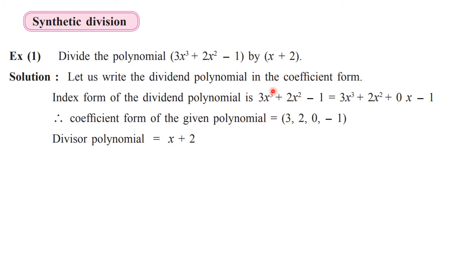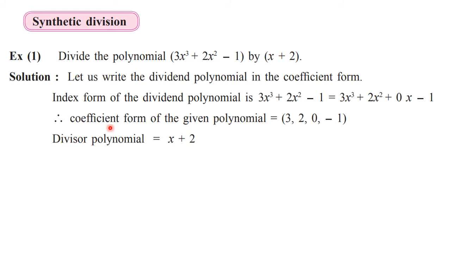See, the degree is 3, that means we should have 4 terms. So one term is missing, and that missing term we are going to write with 0 as coefficient. So the index form of this is 3x cubed plus 2x squared plus 0x minus 1. And from this we can write down the coefficient form.